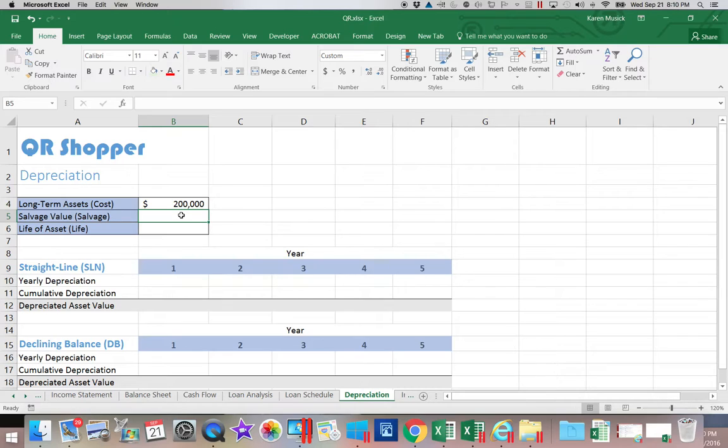And so my estimate is that it's going to be worth $50,000 at the end of the 10 years. So $50,000 is your salvage value. What is it worth at the end of the life? And then the life of the asset is how long you expect to be able to use it for its business purpose, which we're going to say is 10.